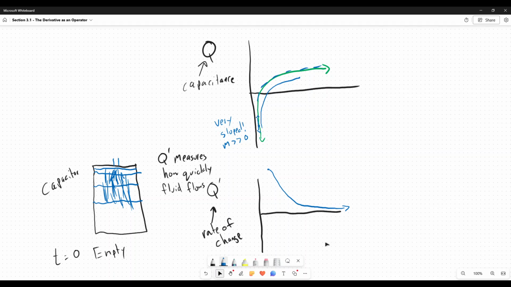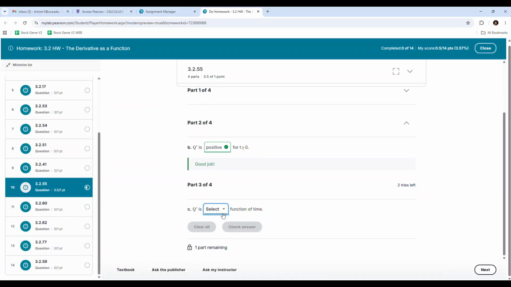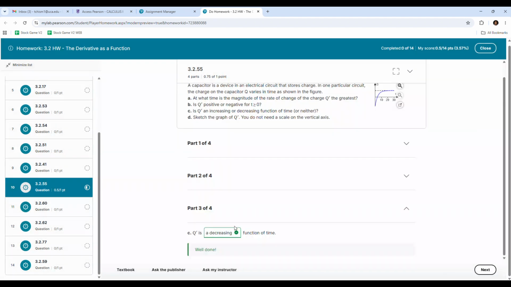That's a difficult concept to master, but this is what the language of derivatives is allowing us to talk about. We're not just talking about what the capacitance is, we're talking about how that capacitance is changing. In this case, we can say that Q prime is a decreasing function of time.